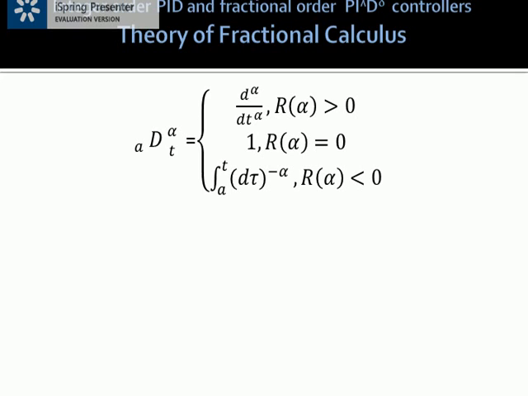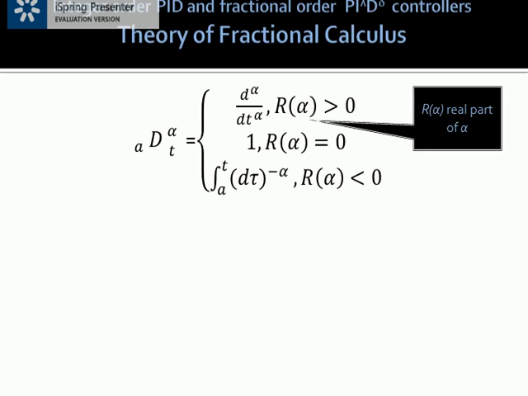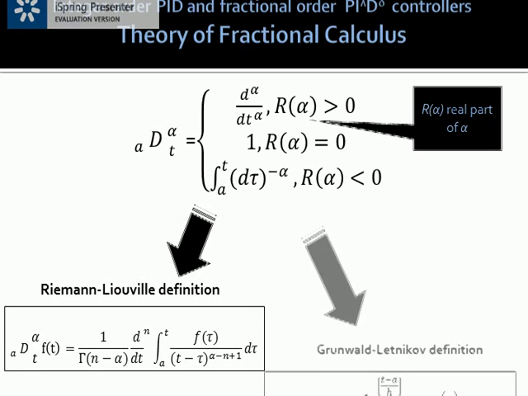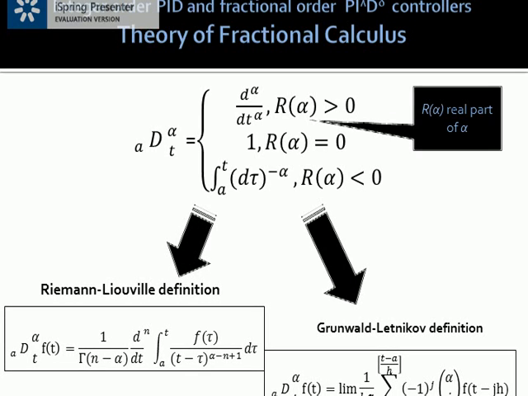In fractional order calculus, the fundamental differintegration operator D, where a and t are the limits of the operation, is defined as you can see, where alpha is the order of the operation and the real part of alpha is constrained. There are two most popular definitions used for fractional differintegral, the Riemann-Liouville definition and the Grunwald-Letnikov definition.